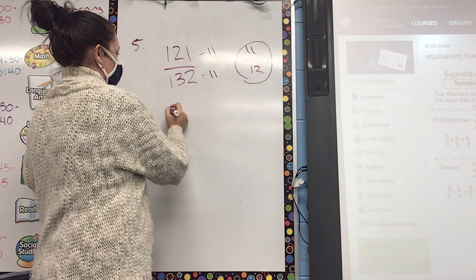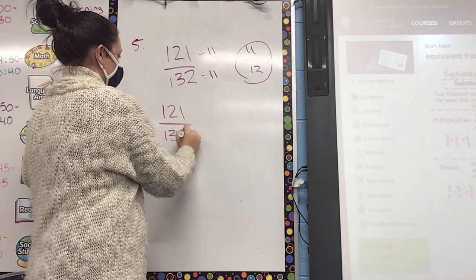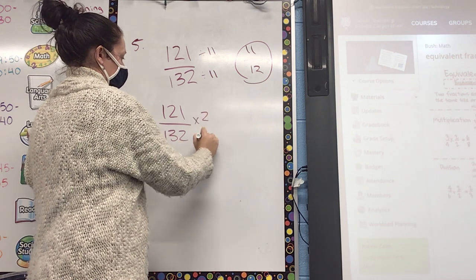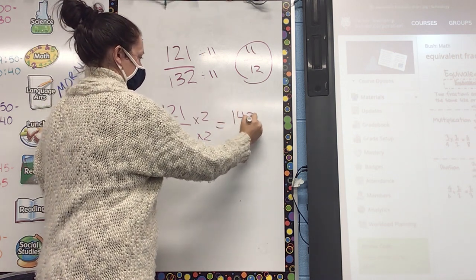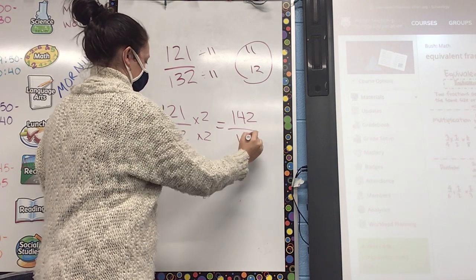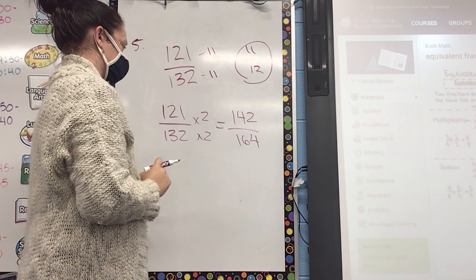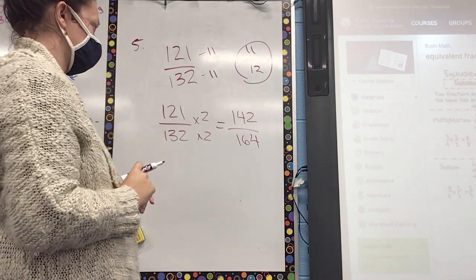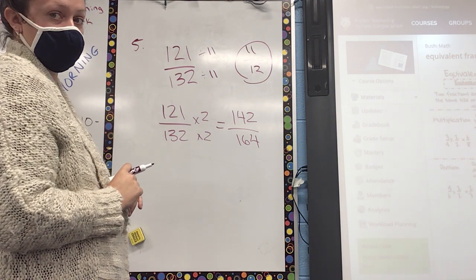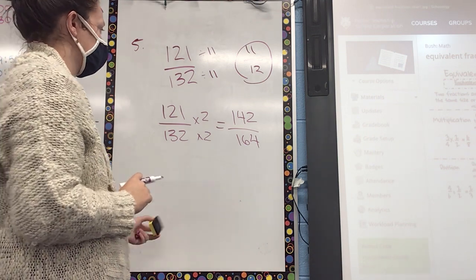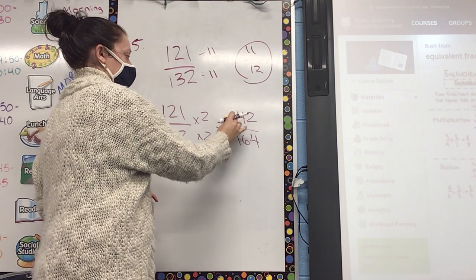Bradley? I did times 2. Okay, times 2. And what did you get? 142 and 164. I got something different. You're close, Bradley. Somebody help him out. Max.